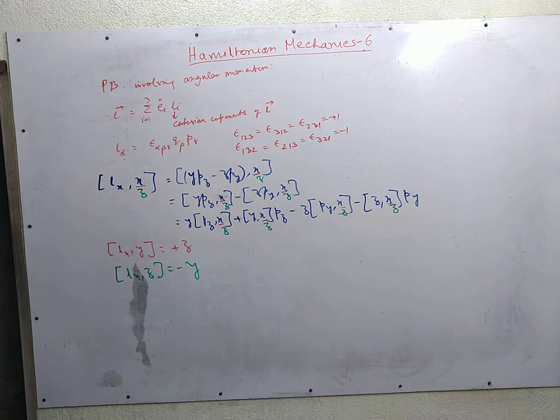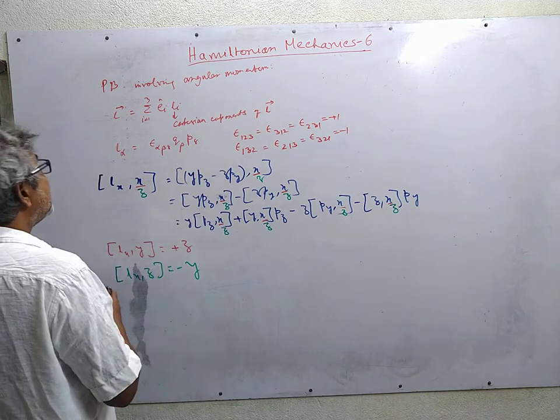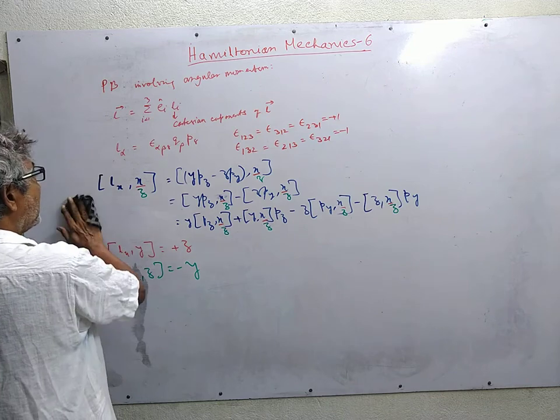We can derive all these 9 results by using the compact notation. We shall derive [L_α, Q_β].